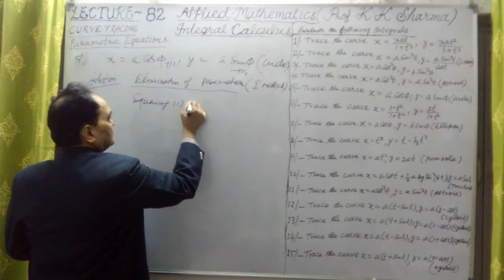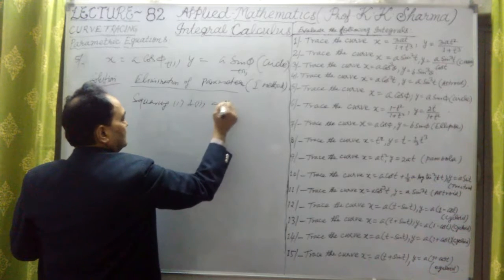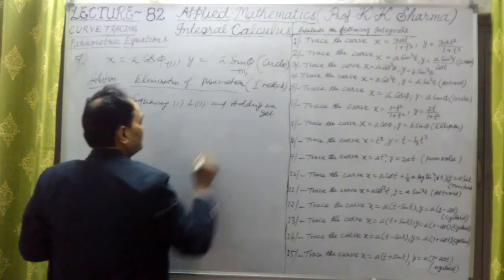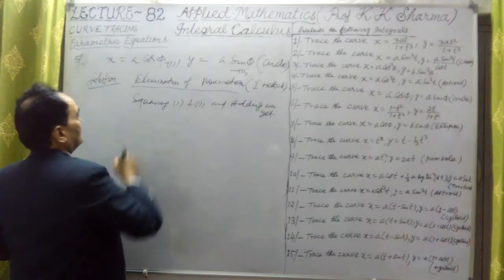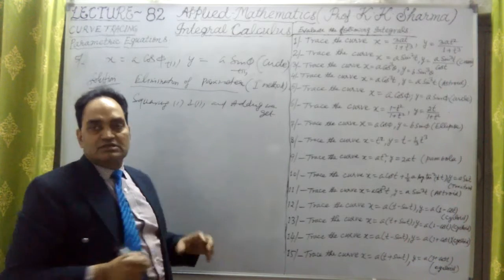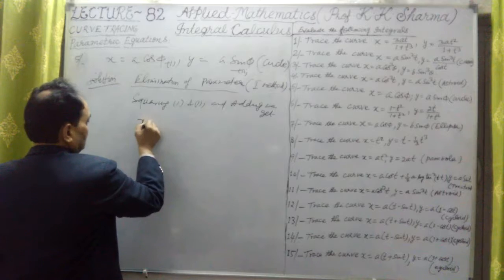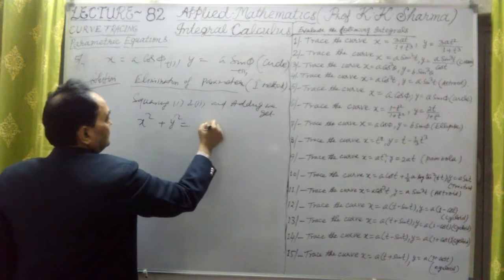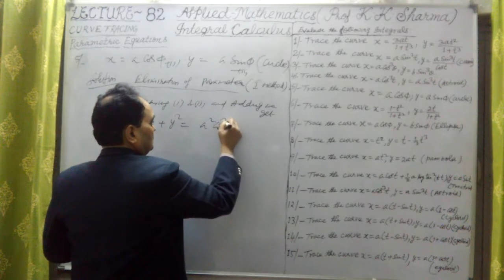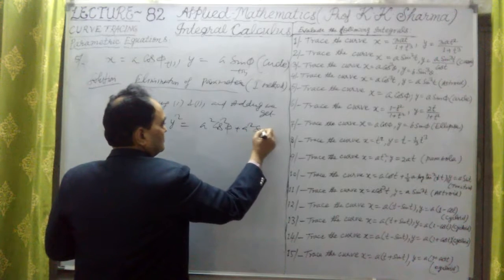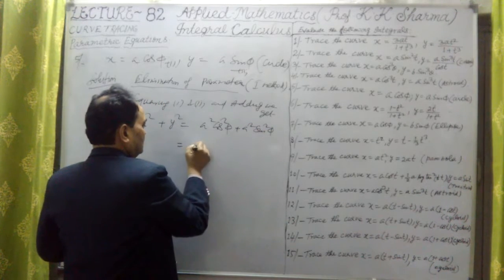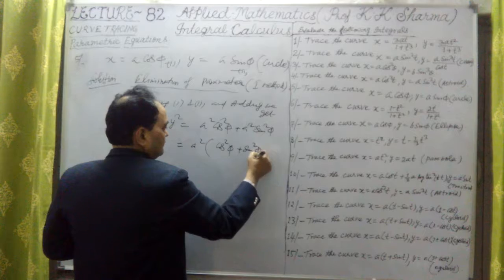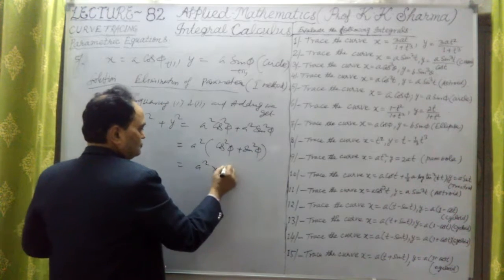Squaring the first and second and adding, on addition we get x square plus y square, which is a square cos square phi plus a square sin square phi. If I take a square common, it is cos square phi plus sin square phi, which is equal to a square into 1.